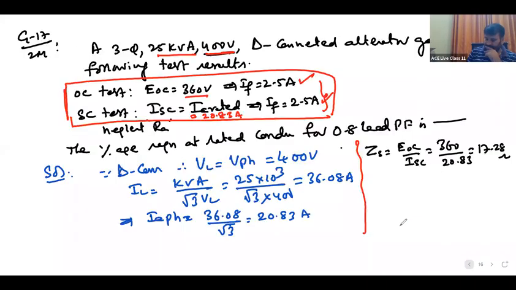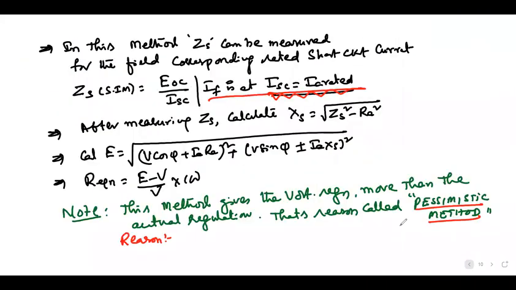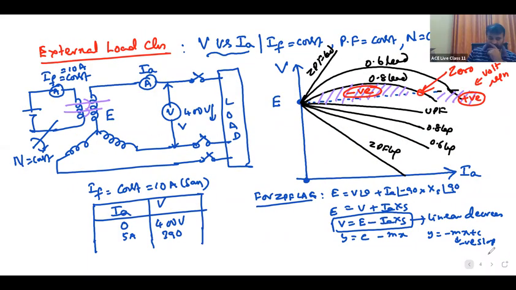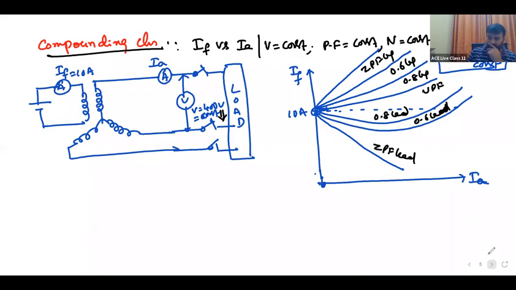For leading power factor, if load increases, voltage also increases. That's the reason we need to decrease the field current. Then for lagging power factor? For lagging power factor, the voltage only drops. Drop means you have to increase the field current.